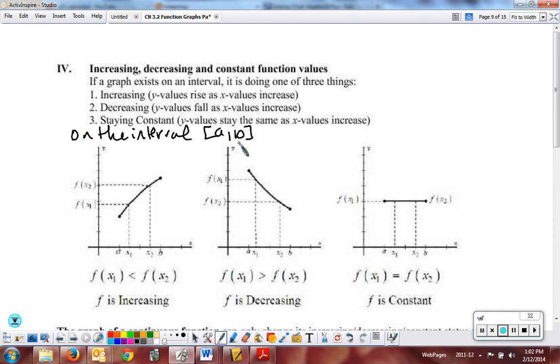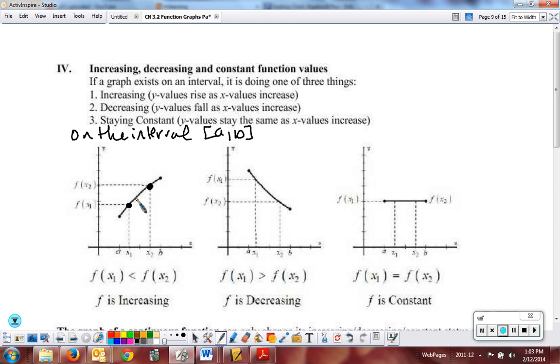on this interval, I want to know what is the behavior of the y values. And the behavior of the y values, we always read left to right. If I were to compare the y value of the first x that I get to the y value of the second x that I get to, notice the second y value is always higher than the first.